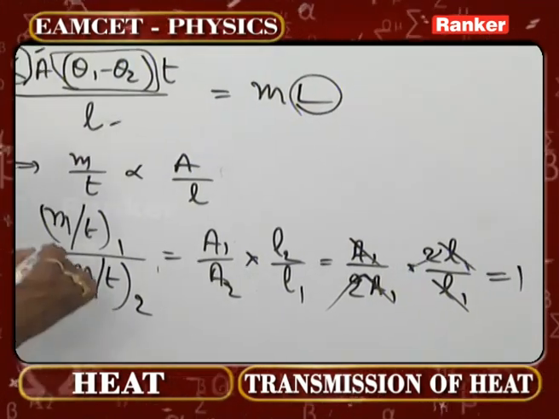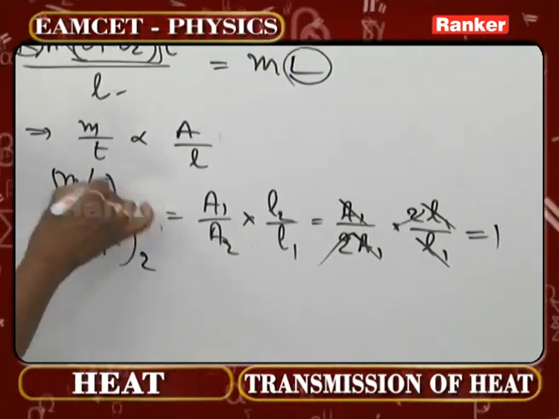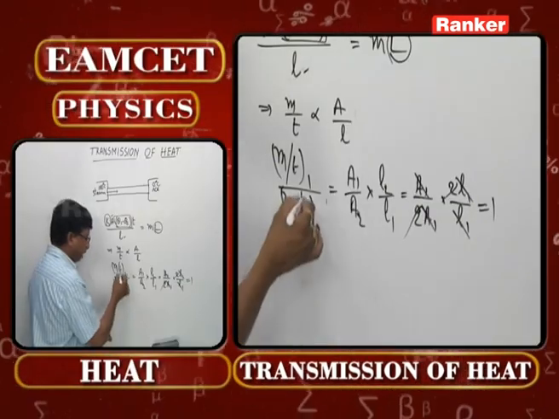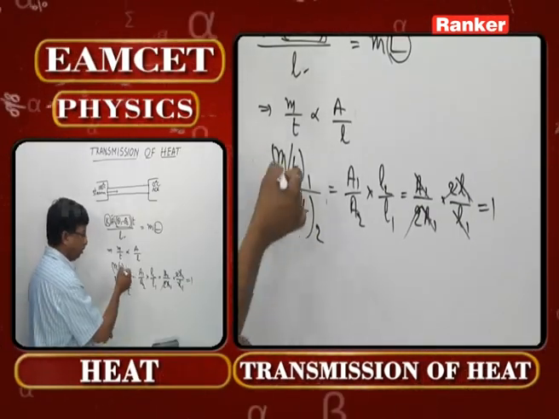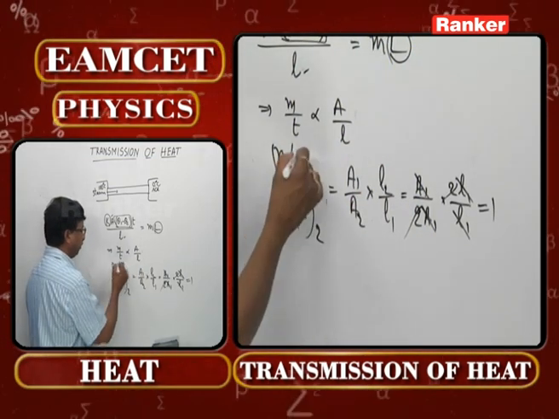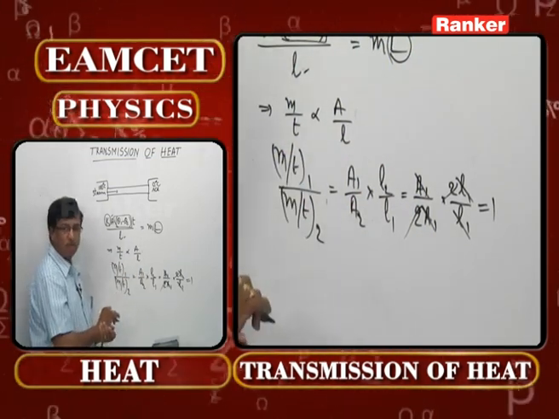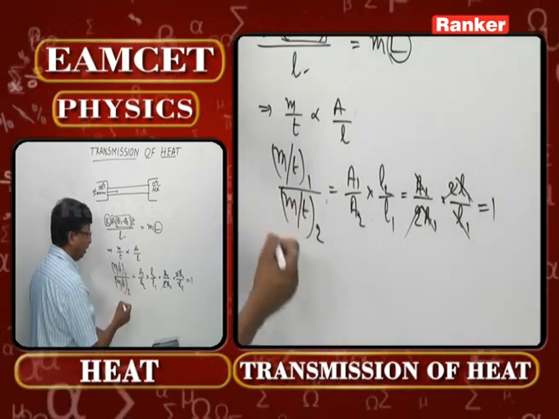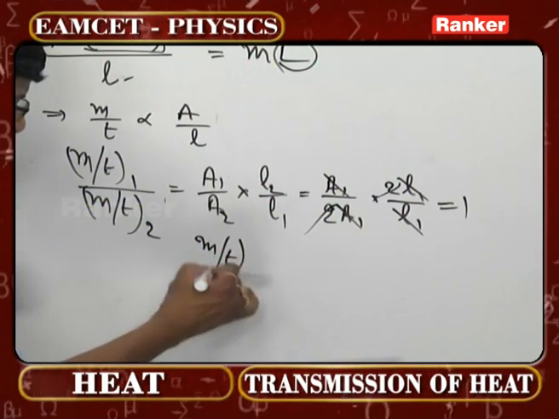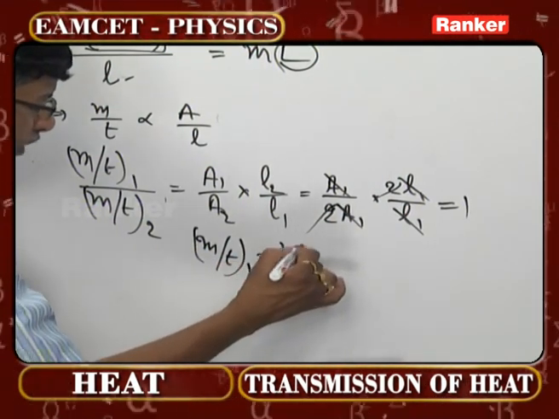It's 1. It means the mass of ice melted in the first case per unit time and in the second case per unit time are both equal. In the first case, 1 gram is melted. Therefore, even in the second case you will get the same 1 gram.